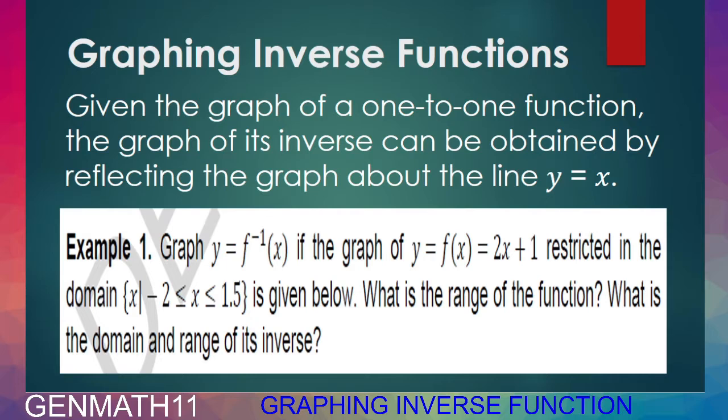Kapag naging inverse na siya, yung domain ng original function will be the range of the inverse function, while the range of the original function will be the domain of the inverse function. Magkabaliktad lang sila. Kumbaga, reflection lang ng graph ng original function si inverse function, or reflection lang ni inverse si original function. So, vice versa lang.